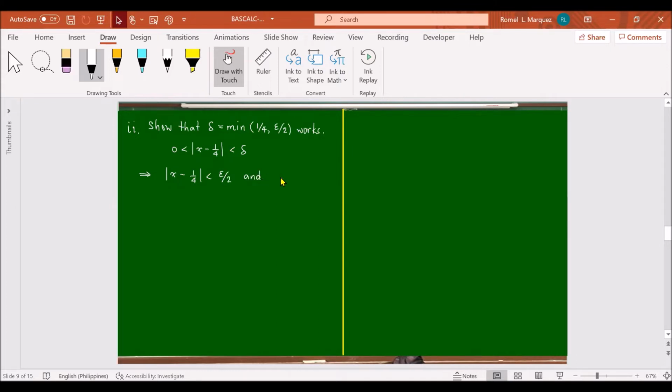And from the restriction on delta, we have 1 over square root of x plus 1/2. This is less than 1 over 1/2, which is equal to 2. Okay?